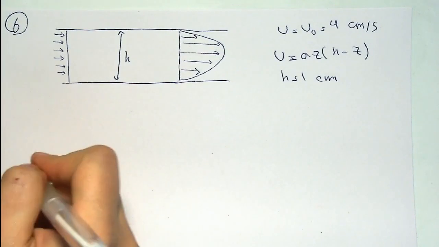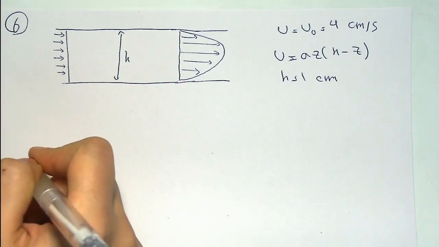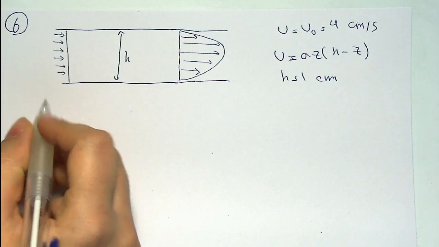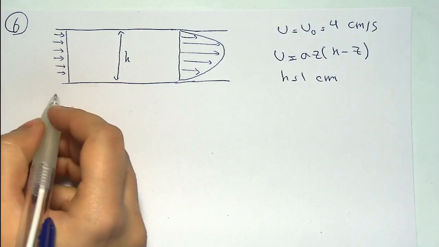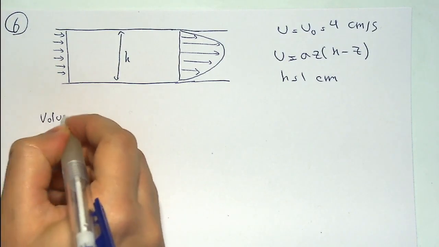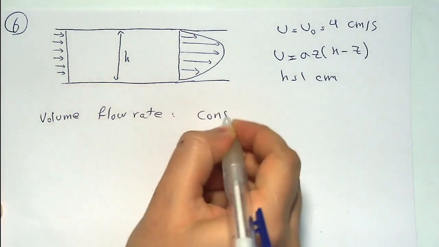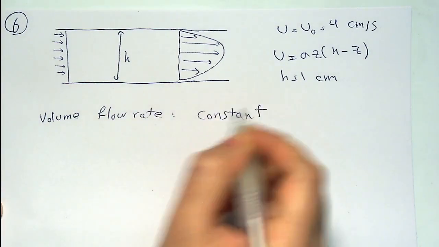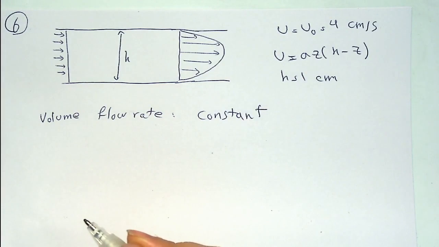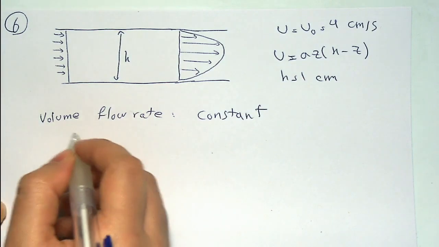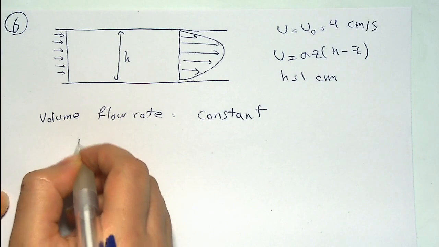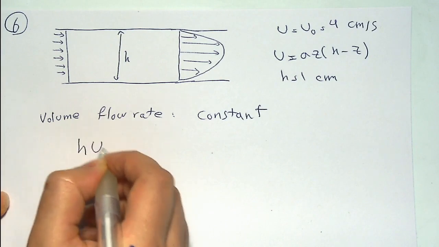So to solve this question, the most important thing to consider is that the volume flow rate is constant everywhere. The volume of the liquid that is entering the channel remains the same through the channel. So how can I again rewrite this in mathematical form? The volume flow rate at the beginning is equal to h multiplied by u0.